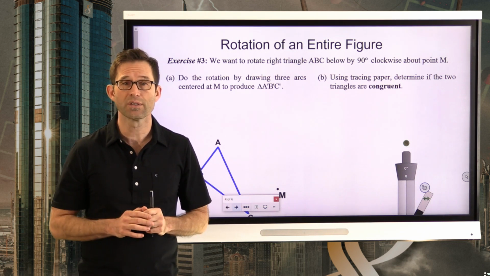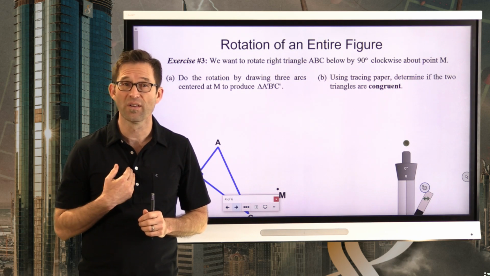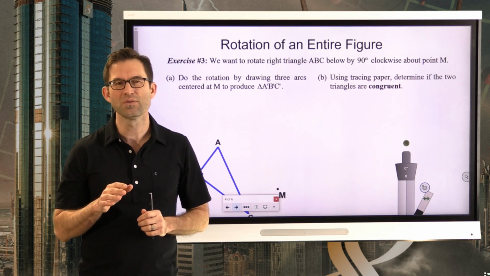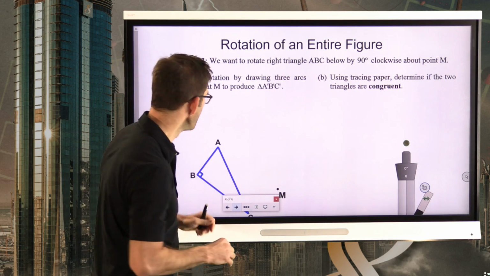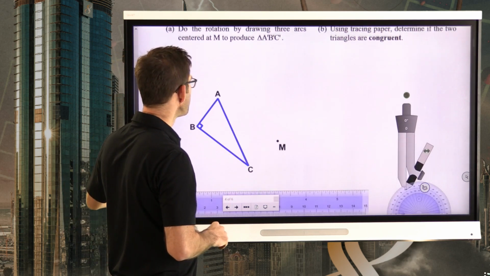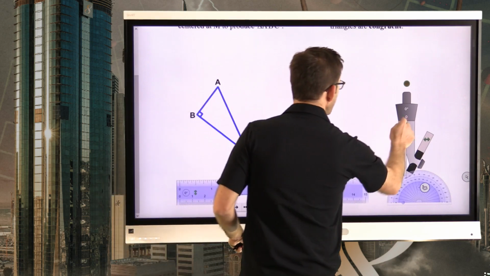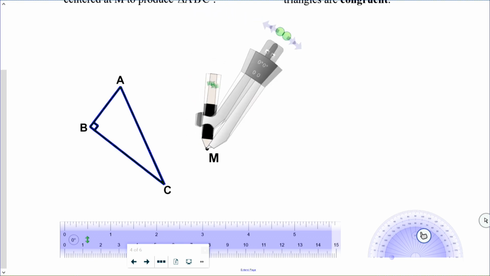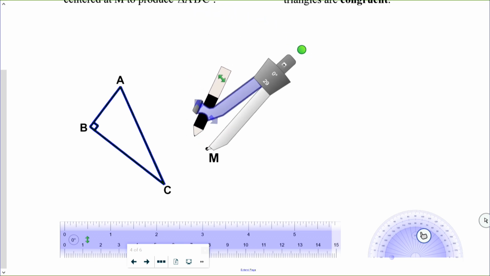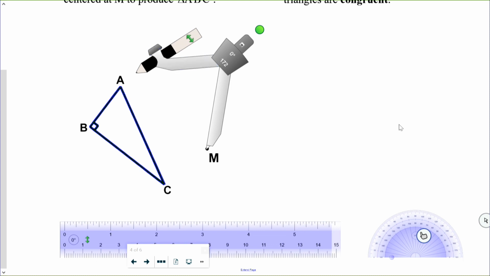Try to be as accurate as possible when you're doing these, as I will as well, because little issues here and there, and you're gonna get an image triangle that looks a little bit funny compared to the original. But let's do it. Let's rotate point M, or sorry, point A. We're not gonna rotate point M given that it's the center point itself.